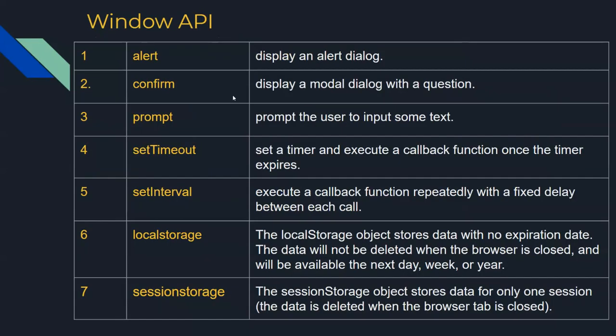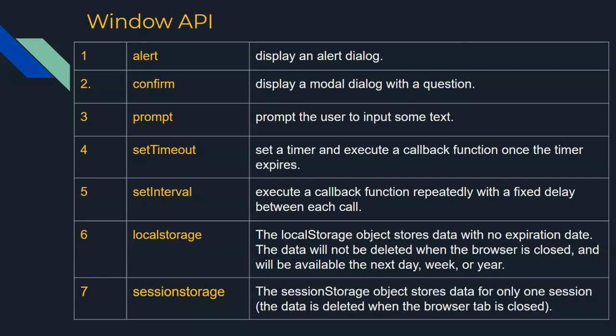Let's go to the first one, that is the window API. The most commonly used ones are alert, confirm, prompt, setTimeout, setInterval, local storage, and session storage. Alert we have already seen, it displays an alert dialog. Confirm displays a modal dialog with a question. Prompt also gives us a sort of alert, but it takes the user input as well.